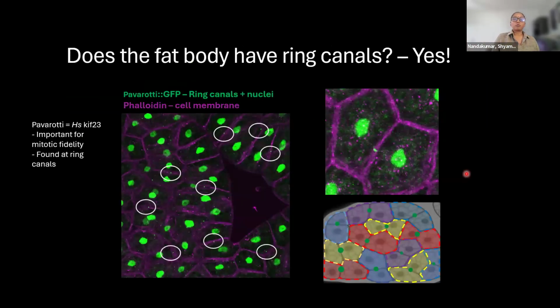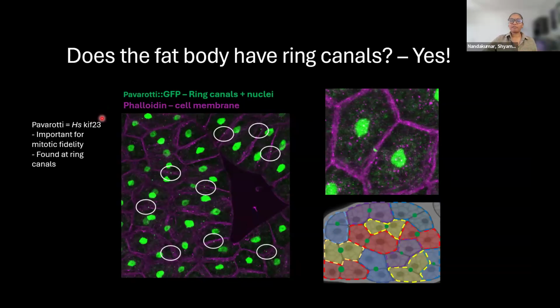Long story short, the fat body does indeed have ring canals. We can look for them by using a transgenic reporter line that marks Pavarotti-GFP, which is the Drosophila equivalent of KIF23, which is frequently found at sites of incomplete cytokinesis.